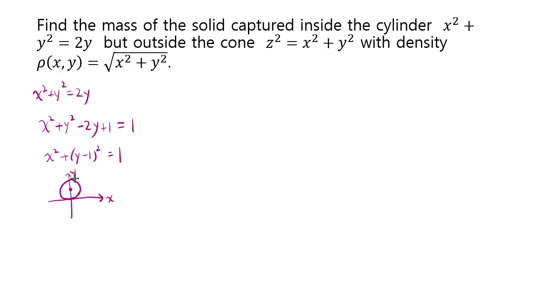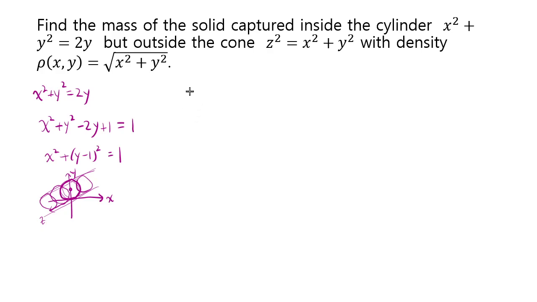Now, however, this is in 3D, so in three-dimensional space you have an extra z axis, and since this doesn't have anything to do with z, for any value of z you're going to get this circle. What that means is you're going to get a cylinder whose intersection with the xy plane is this circle.